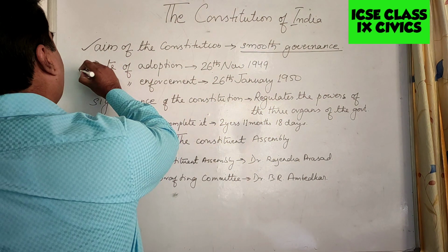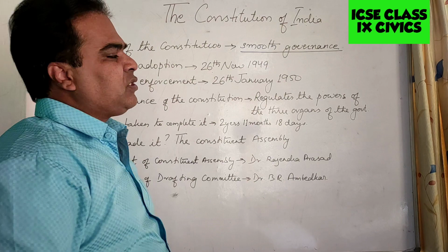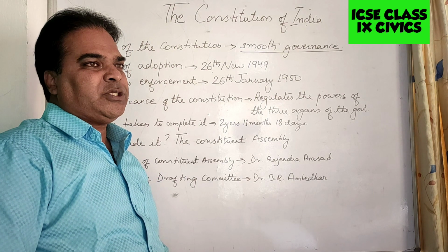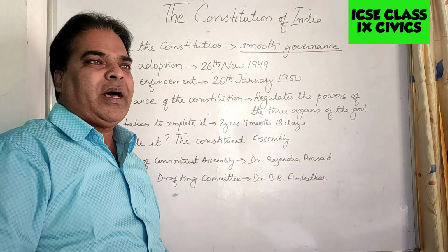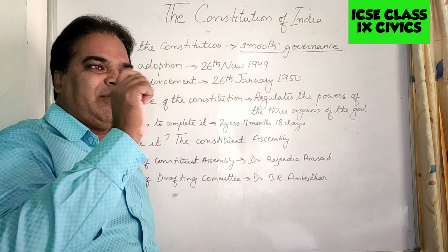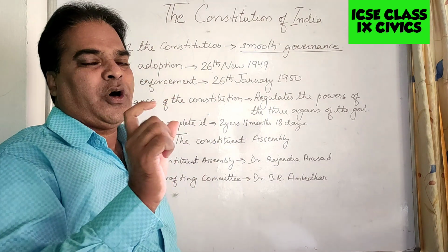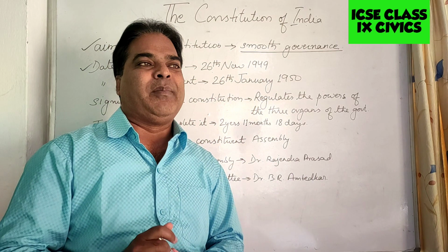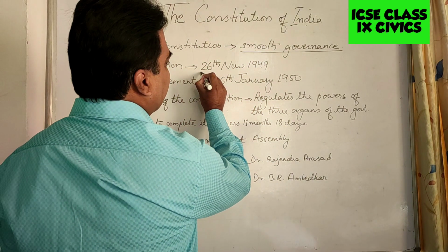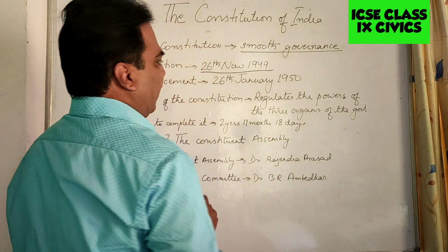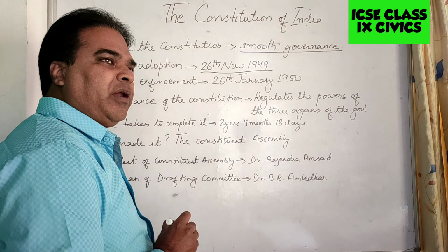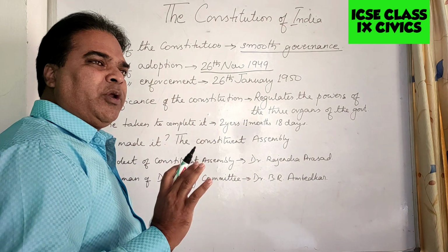Now the second one is, when was this Constitution adopted? This 26th day of November, do hereby adopt, enact and give to ourselves this Constitution. The word enact is already mentioned in the preamble. So that is 26th of November 1949. Did you understand, Abhinav?